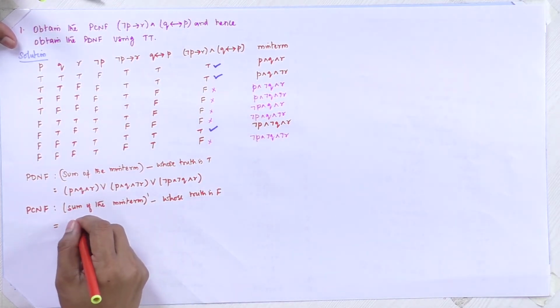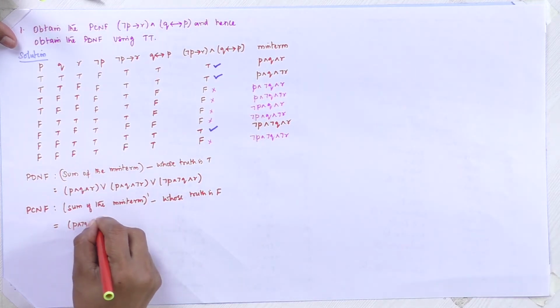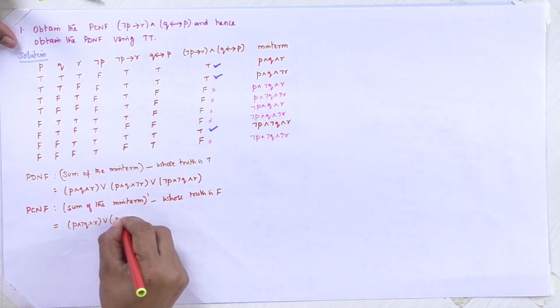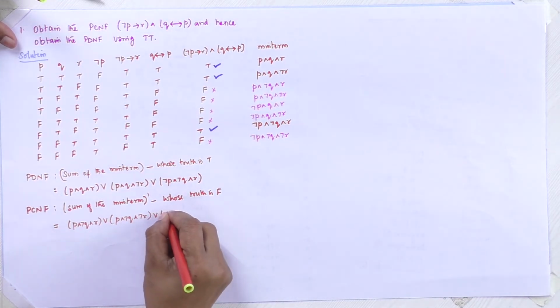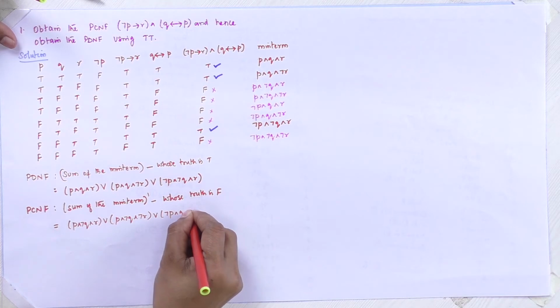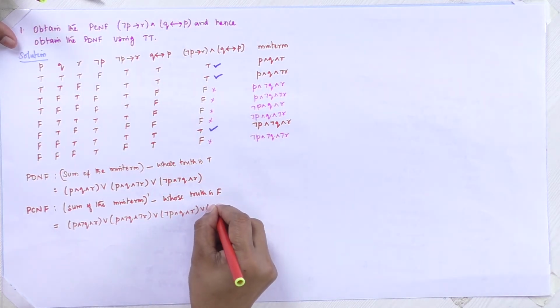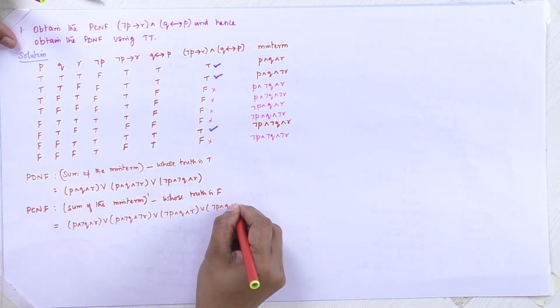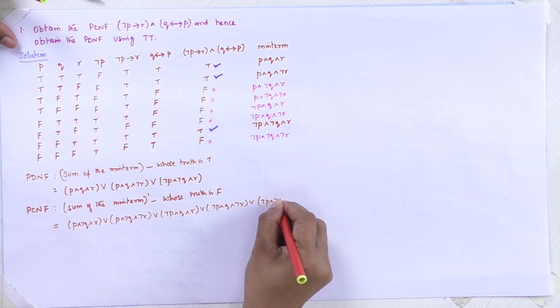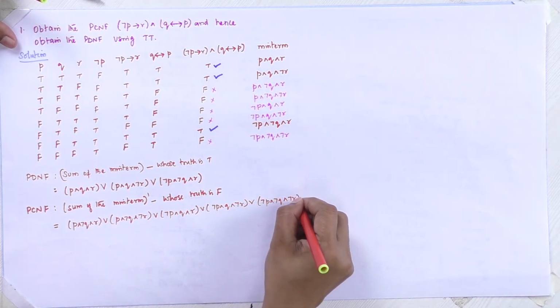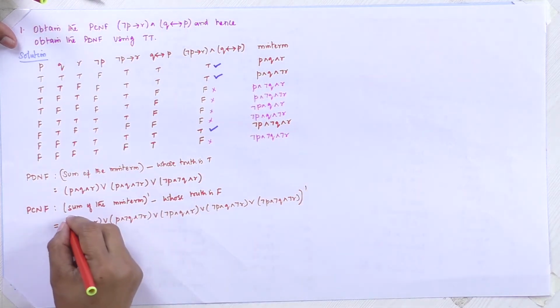Summing in the sense, I will have the disjunction. So P and not Q and R, disjunction P and not Q and not R, disjunction not P and Q and R, disjunction not P and Q and not R, disjunction not P and not Q and not R. The whole complement of this I will have to take.